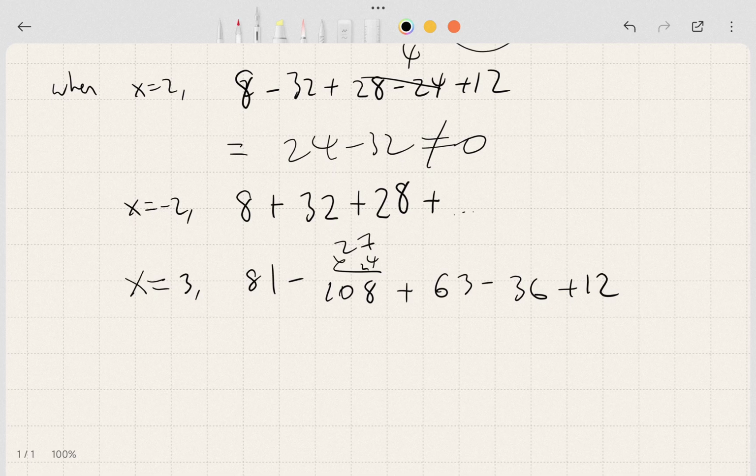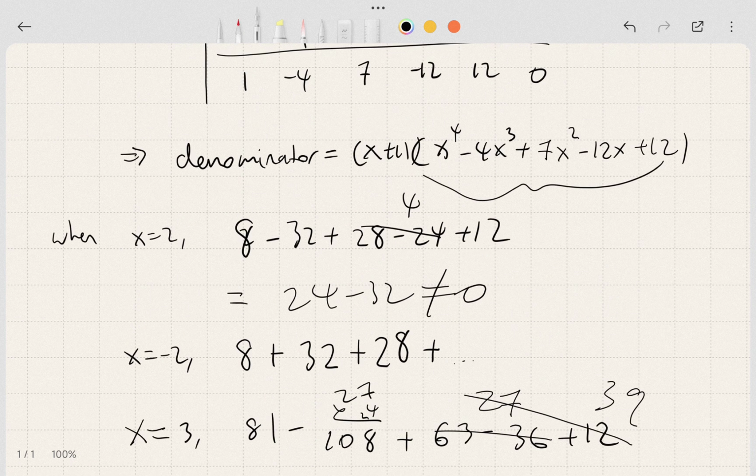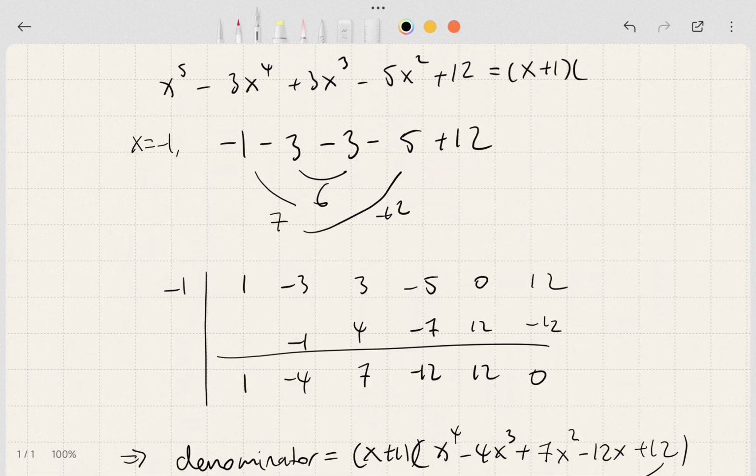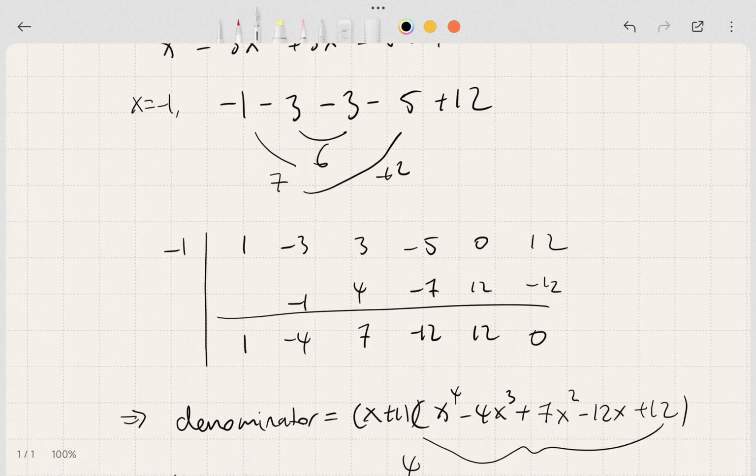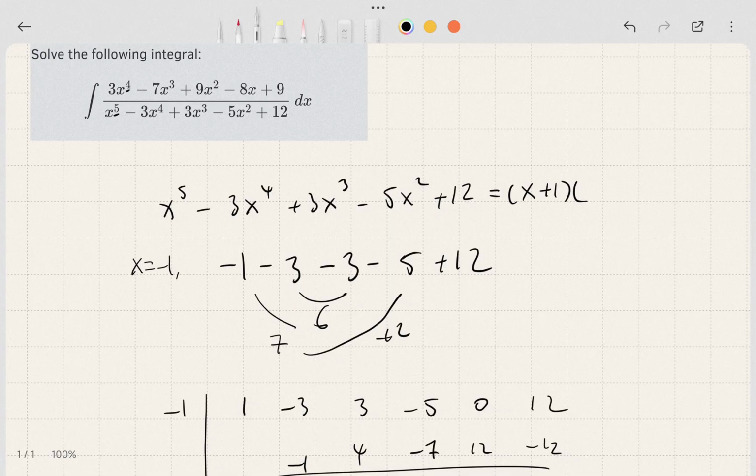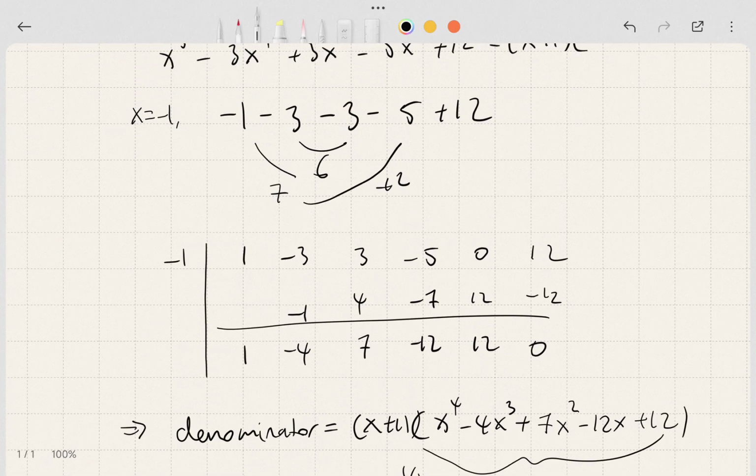So 63 minus 36, that is 27, 27 plus 12, that is 39. So x cannot be equal to 2, cannot be equal to minus 2, and so on. Okay, so we don't know if this will be factorized or not.